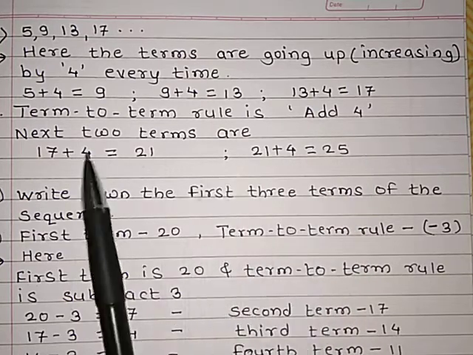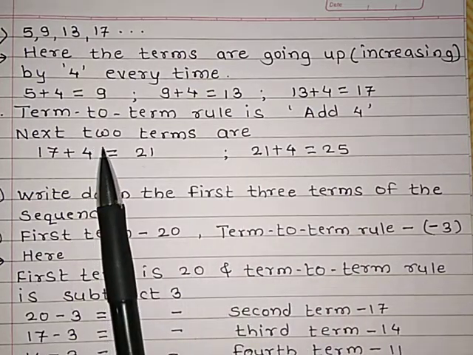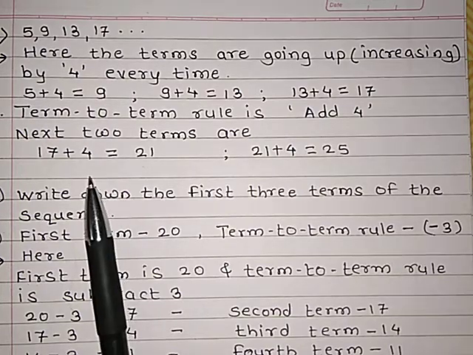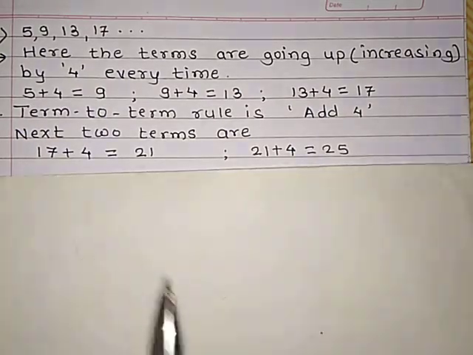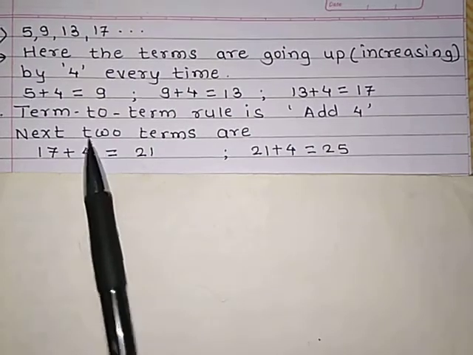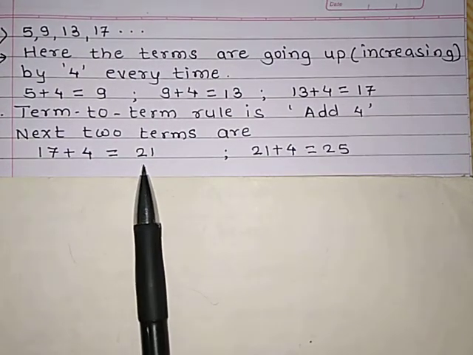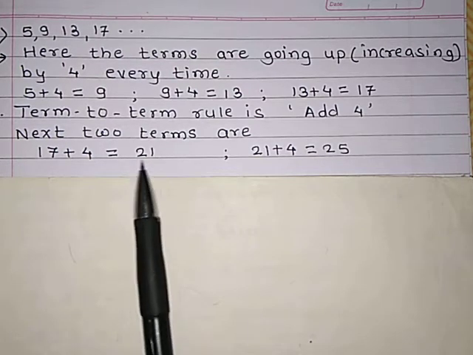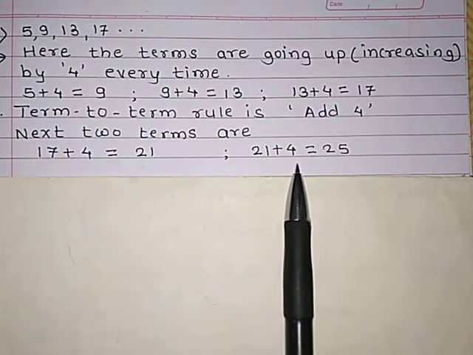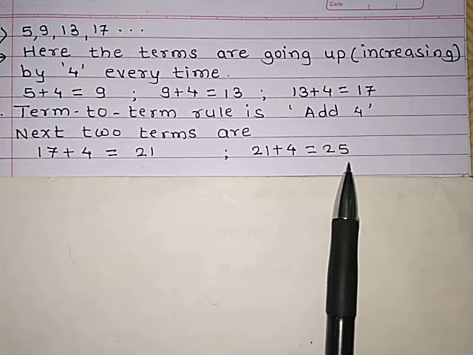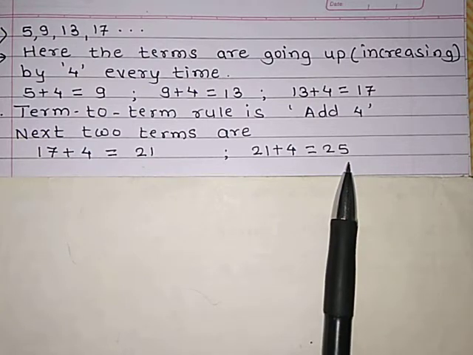So from that we can find the next two terms of the given sequence. 17 plus 4 equals 21, and the next term is 21 plus 4, which gives 25.